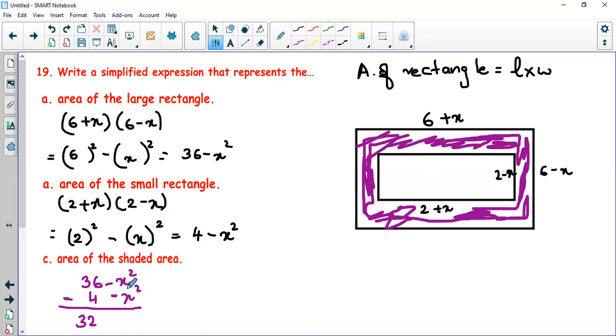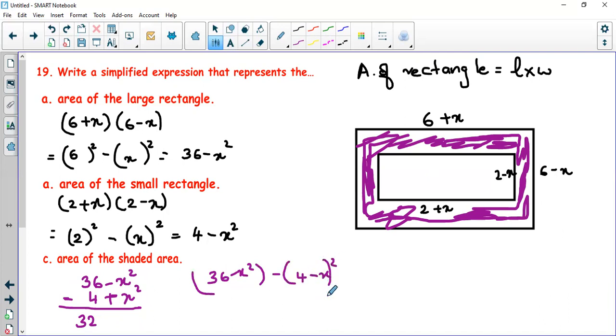Now you might ask, how did minus minus become 0? In fact, remember when we are subtracting, we multiply first. So this becomes a plus sign. So minus 1 plus 1 will give you 0. In fact, this question is written in this way: 36 minus x squared, minus, 4 minus x squared.